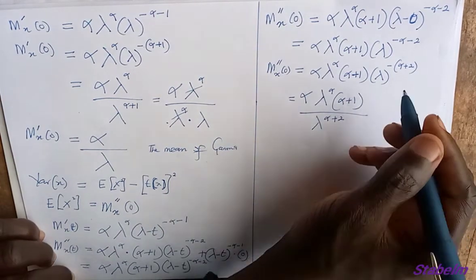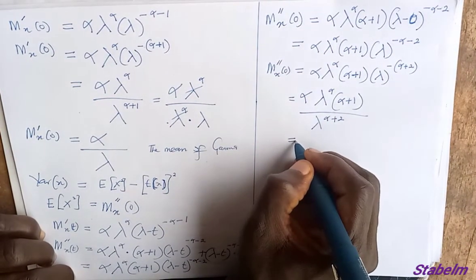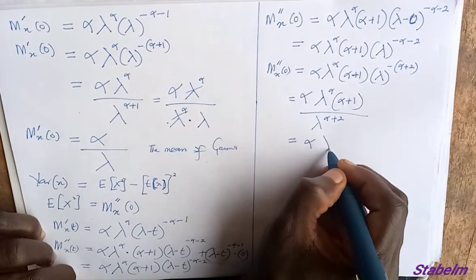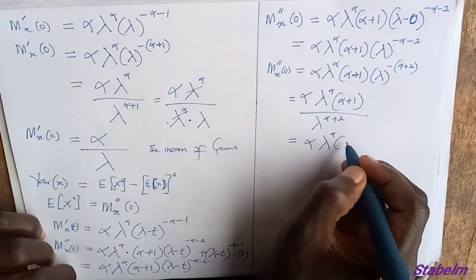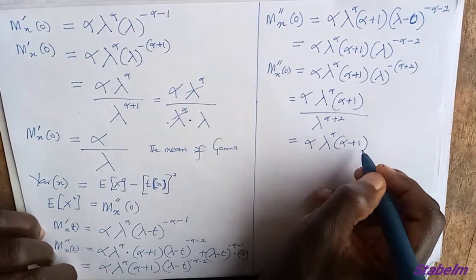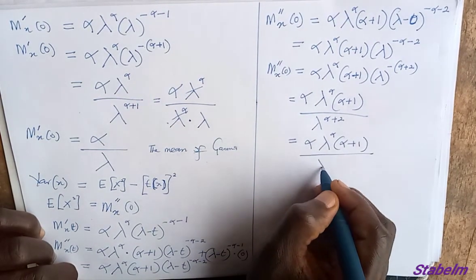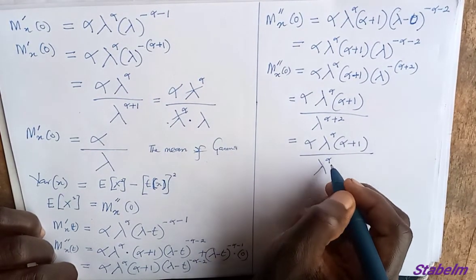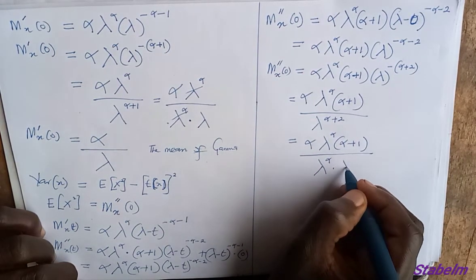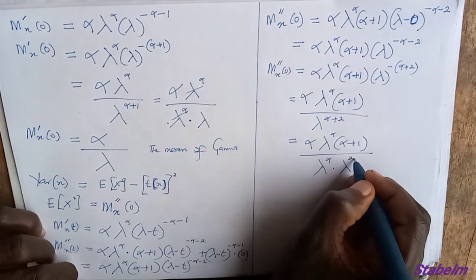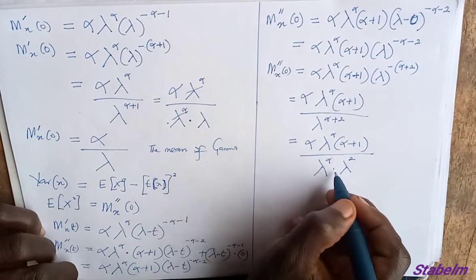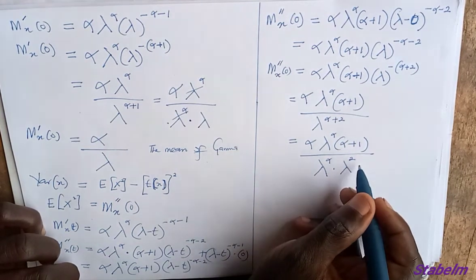We can split it down and have it this way. What do I mean by that? We can have it as alpha lambda raised to power alpha into bracket alpha plus 1, divided by lambda raised to power alpha, multiplied by lambda raised to power 2. So we have lambda raised to power alpha multiplied by lambda raised to power 2 using the law of indices.